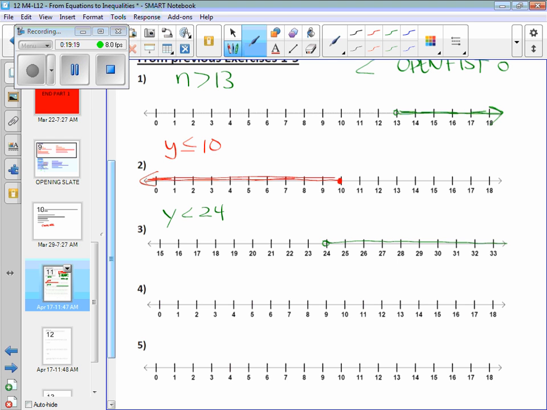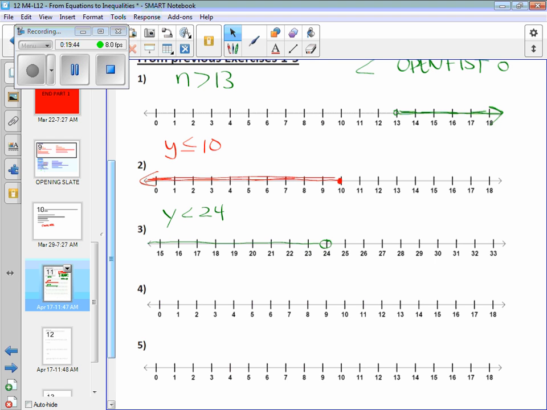Should be y is less than 24. Anybody agree or disagree? Can it equal 24? Is that showing less than 24? That's good.